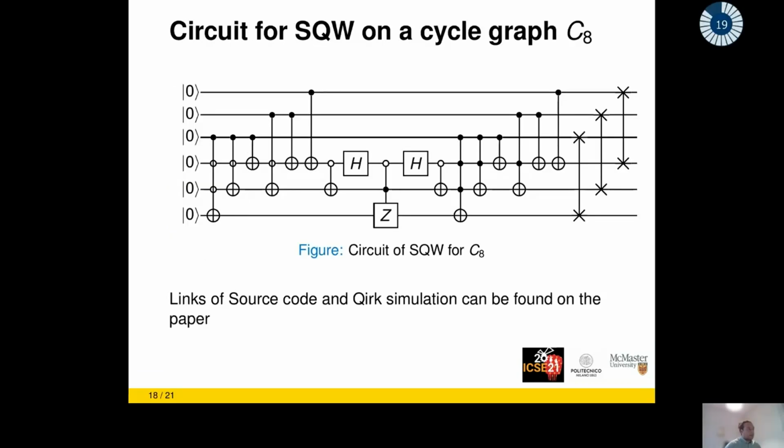Now we can see the final circuit. Here we can identify the first 3 qubits as the register R1 and the last 3 qubits as register R2. Then we have the reflection operator, and at the end we have our swap operator.